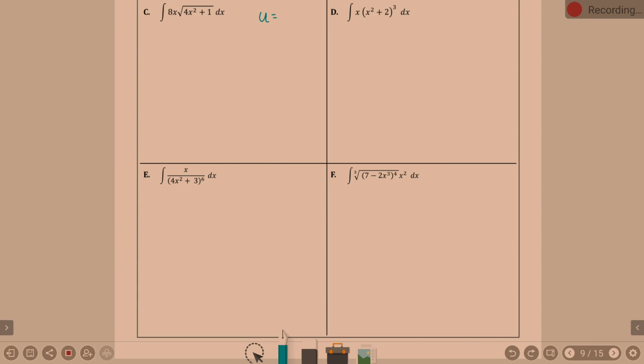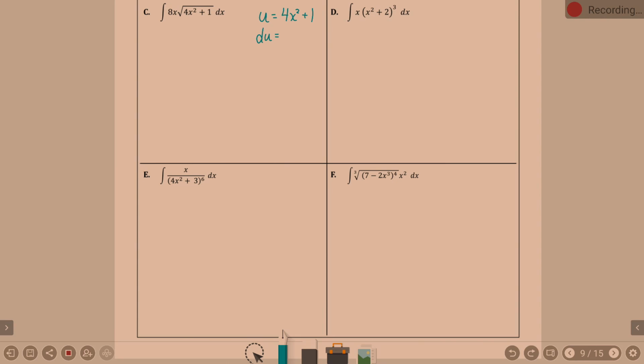What'd you say, Hannah? Okay, so if we look at the inside of the radical, which is going to be the inside of a power, and as I start looking, I think I see the derivative of 4x squared plus 1, don't I? So u is 4x squared plus 1.